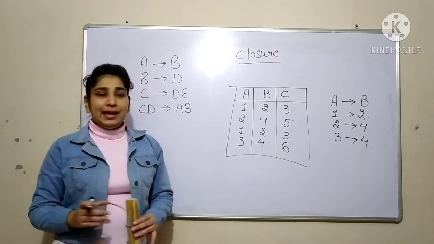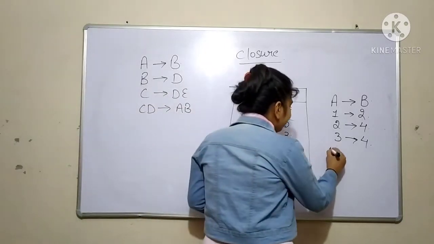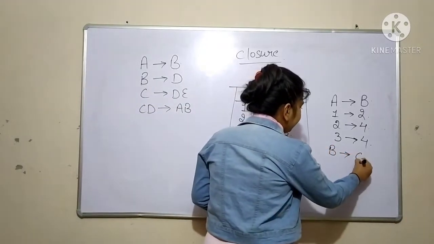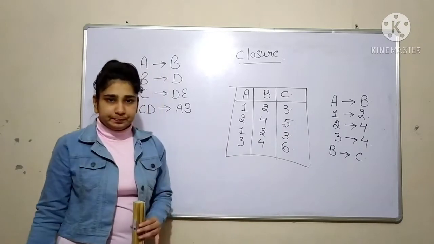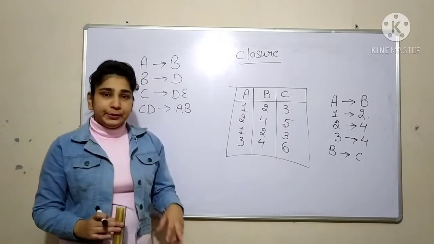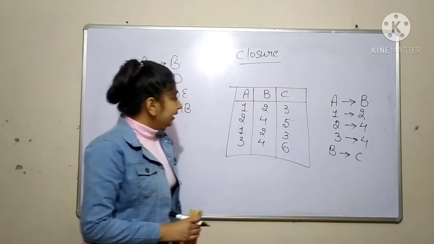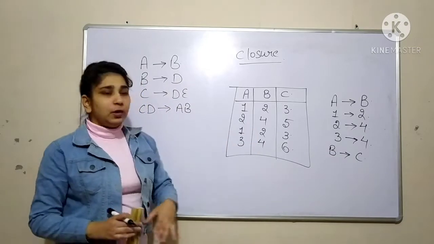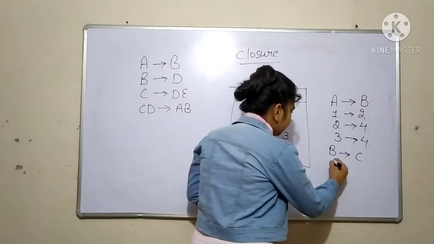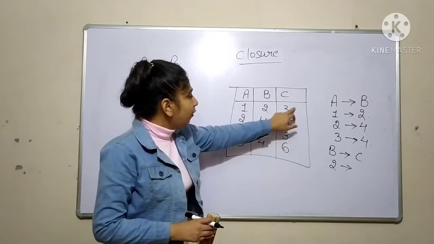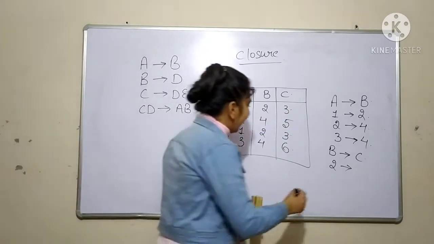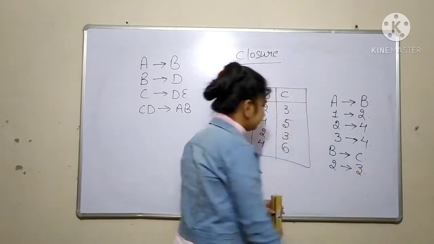Now let's try to find the functional dependency from B to C. If you are given value of B as 2, what is the value of C? The value is 3.